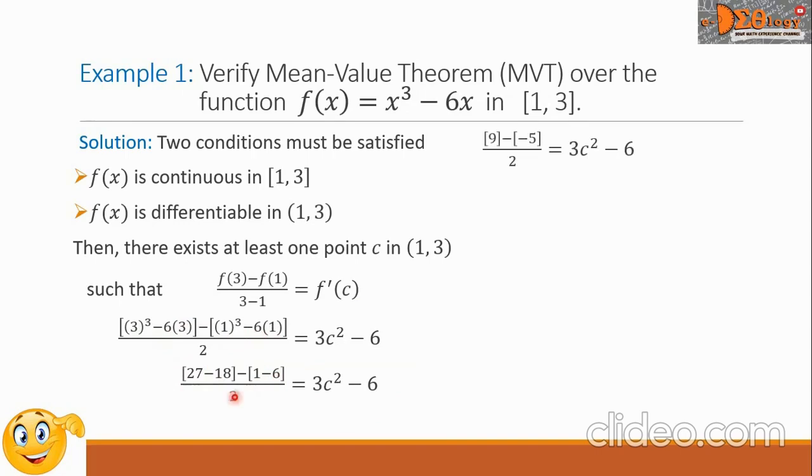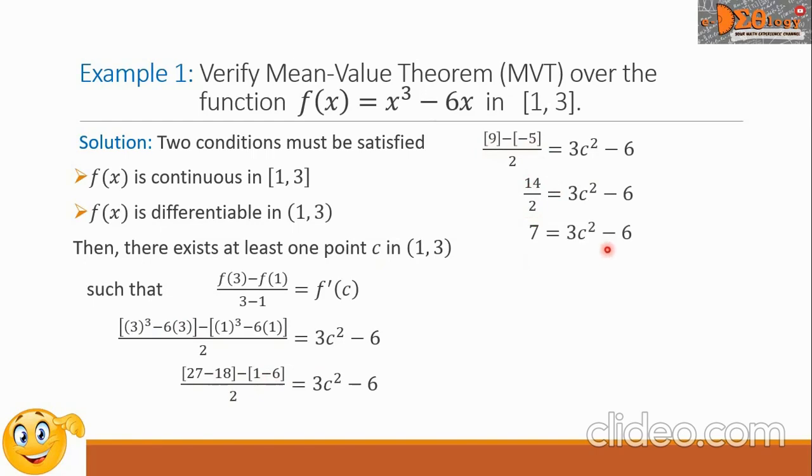On the next step, 27 minus 18 becomes 9, minus 1 minus 6 is negative 5, all over 2. This minus and minus becomes plus. So 9 plus 5 is 14 all over 2. The quotient here becomes 7.